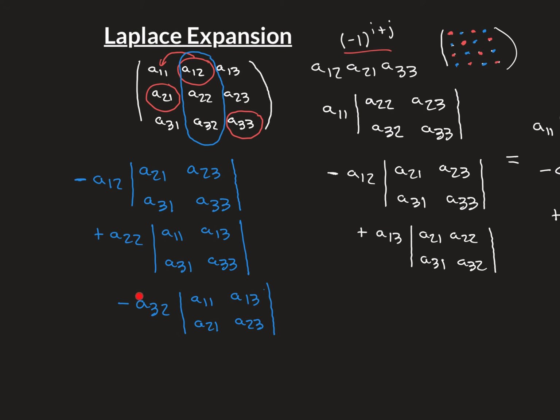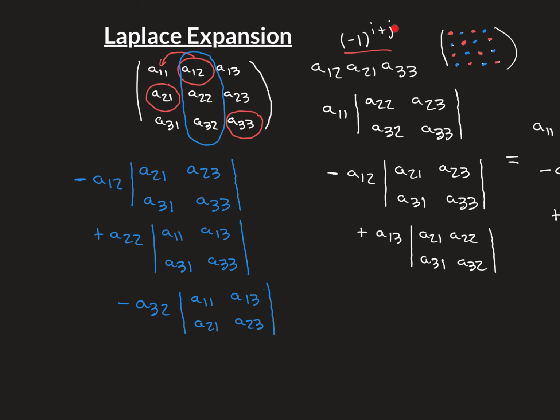So this is going to give also the determinant of this 3 by 3 matrix, and you can do this for any of the columns, any of the 3 columns, or any of the 3 rows. The exact same logic holds true for why this works. So this is called Laplace expansion, where you pick a row or a column to expand around.